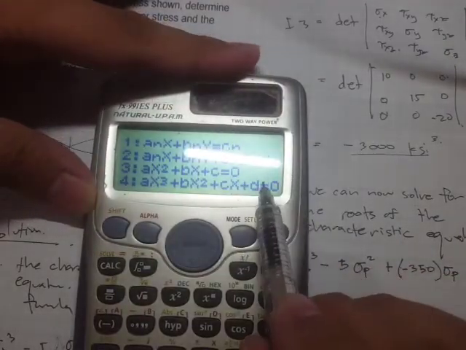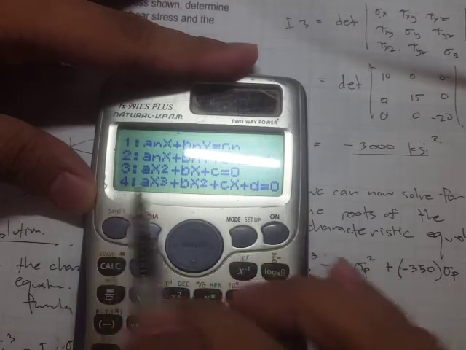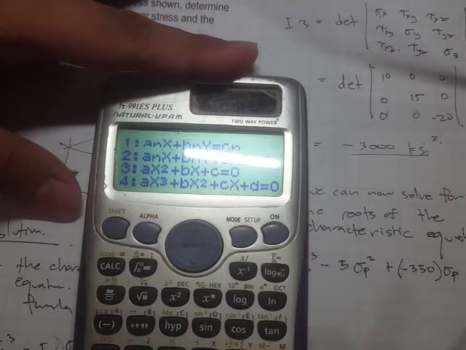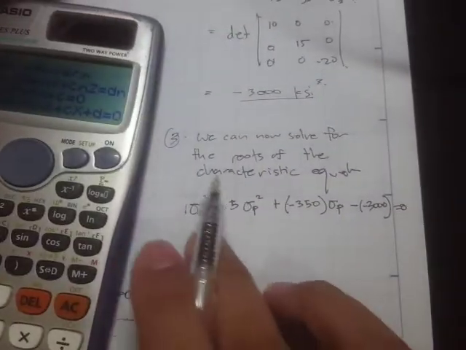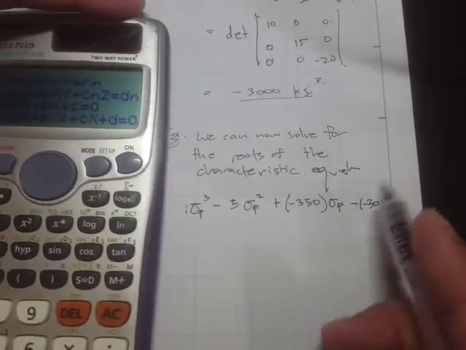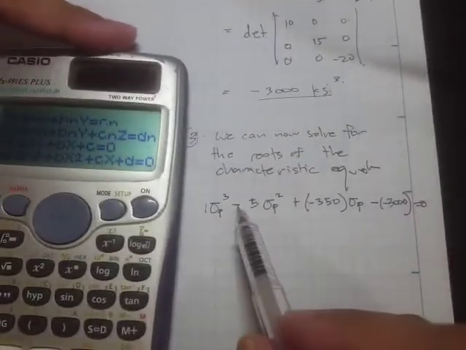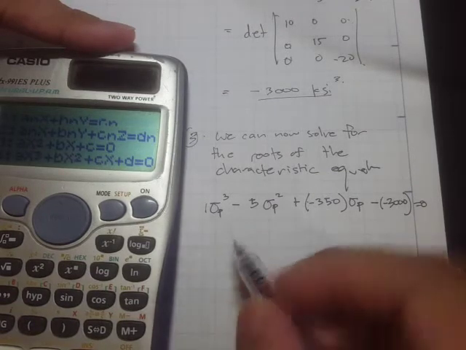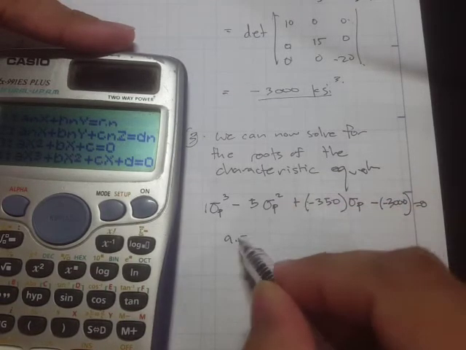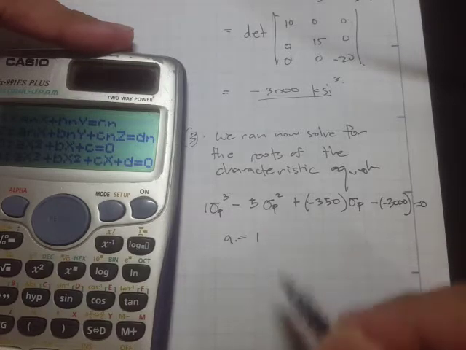Also take note that all the terms are on the left hand side, and the right hand side must be 0, the same as the ones in our calculators. So for letter A, the coefficient is just 1.